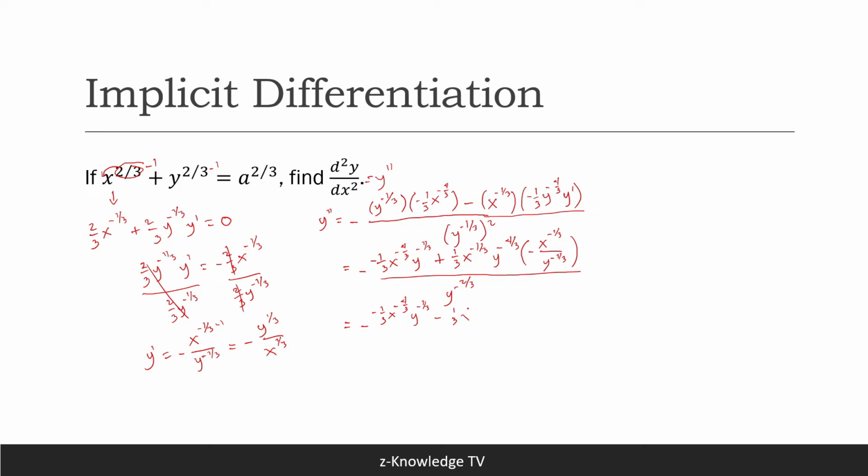Okay, x raised to 1/3, then x raised to 1/3 ulit, then y raised to negative 4/3 over ito. Okay, so over y raised to negative 1/3 over yung y raised to negative 2/3.